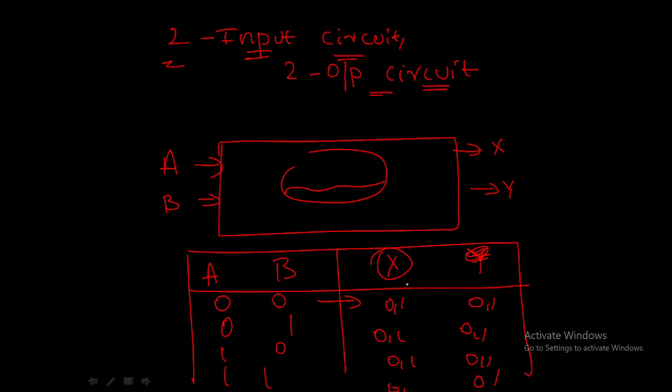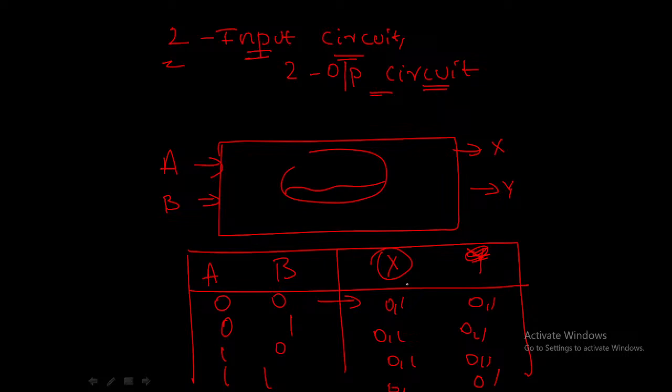If someone sees this truth table, they can understand at an instant the behavior of the circuit: how it takes the inputs and how it generates the outputs.